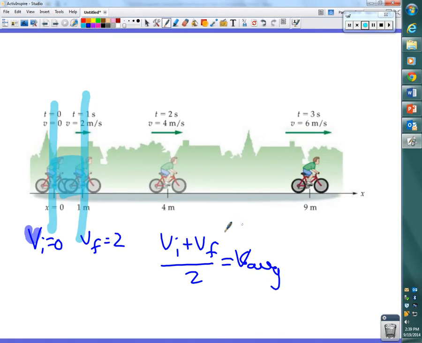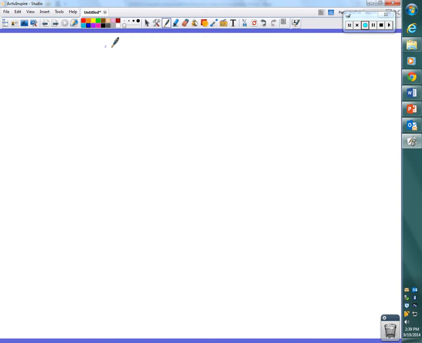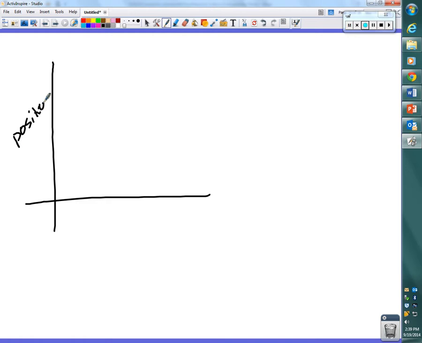Now let's make a jump. Okay. So, a graph that looks very similar to the graph that I just drew earlier, but this is a different kind of graph, right?